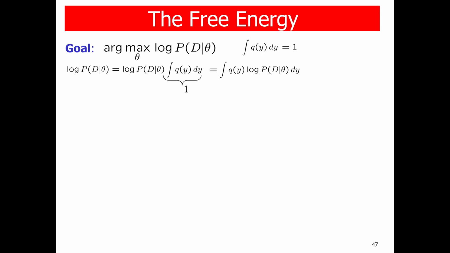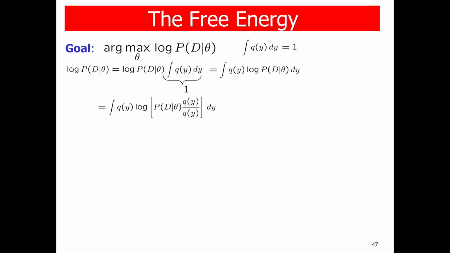Moreover, since the log likelihood does not depend on this y, we can move this log likelihood term into this integral. Here, I just multiplied the log likelihood with q y divided by q y, which is just 1. So it seems it does nothing, but actually it will help us soon decompose the term inside the log function in a useful way.